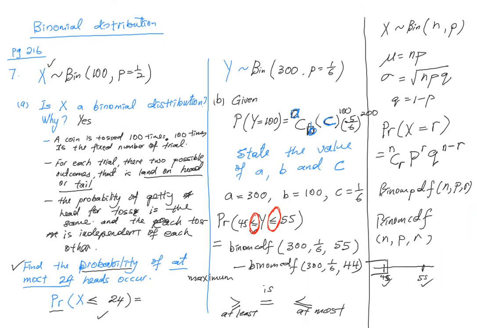Okay, so what should I use? Binom PDF or binom CDF? Ramisa? You have to make a decision. There are only two.